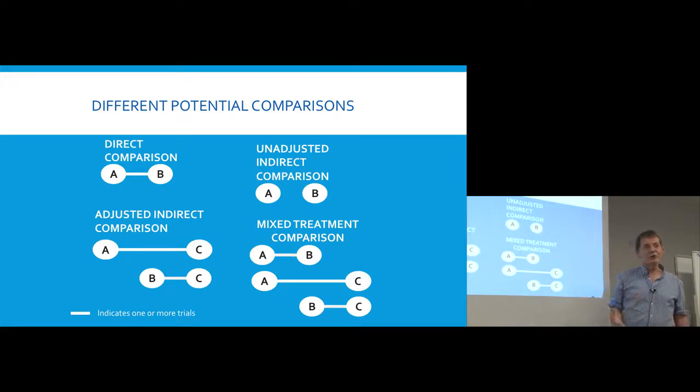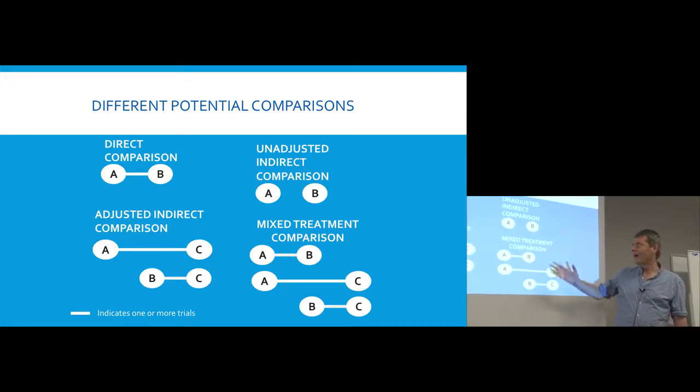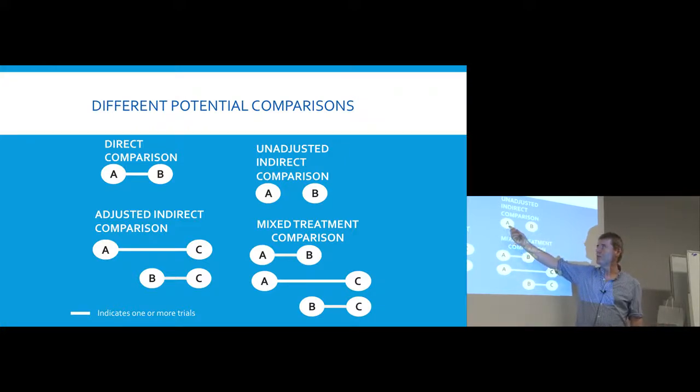Now, I'm sure you can appreciate immediately how suspect this could be, how vulnerable to bias. Because suppose drug A cures 50% of the patients in its single-arm trial, and drug B cures 40%. Can we therefore conclude A is better than B?